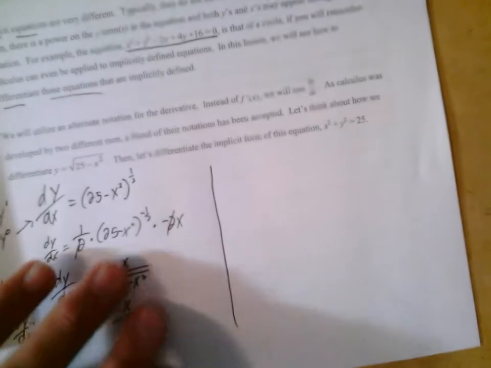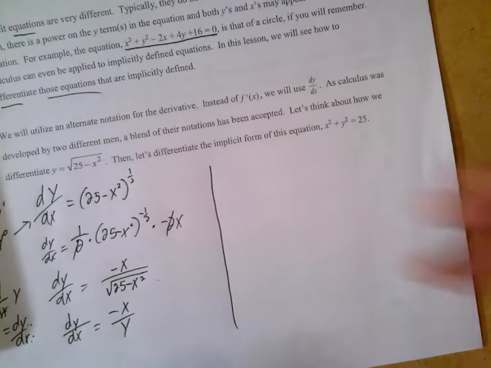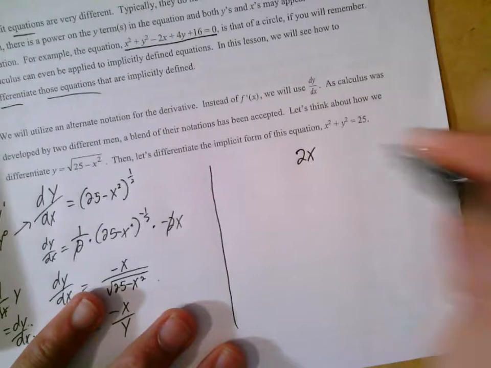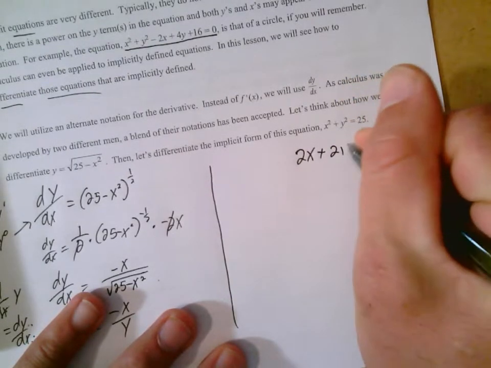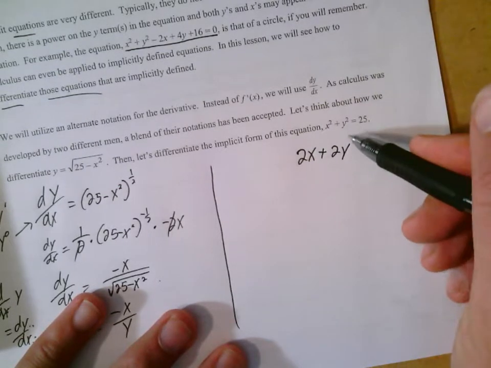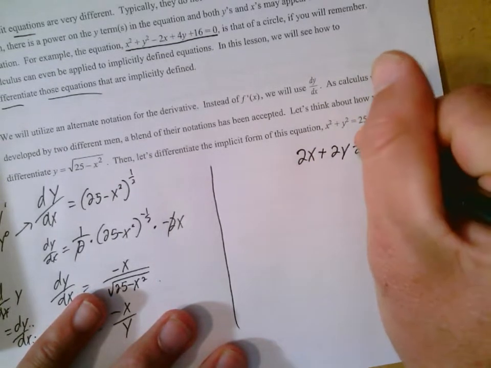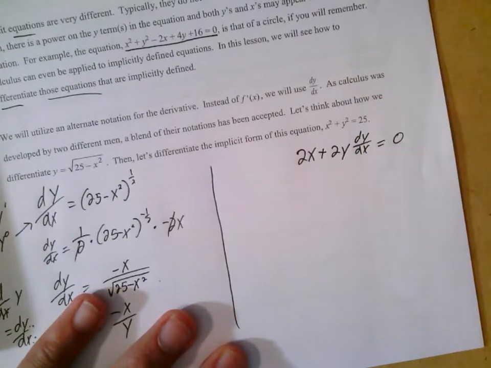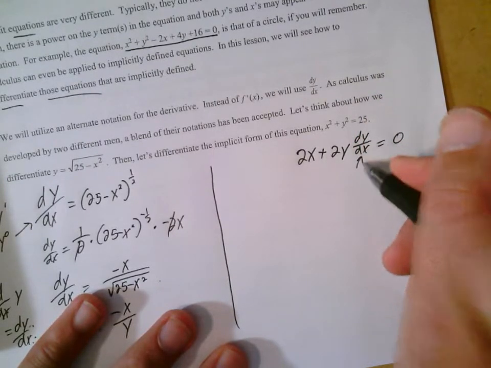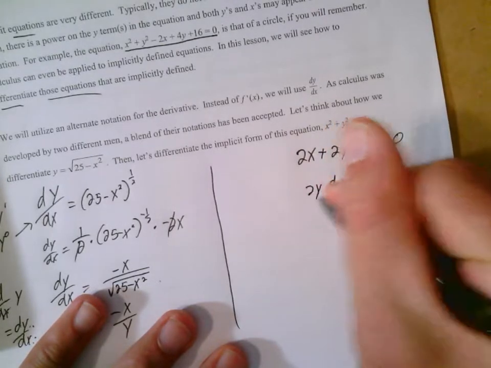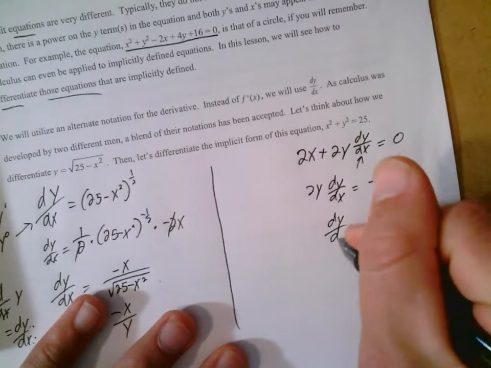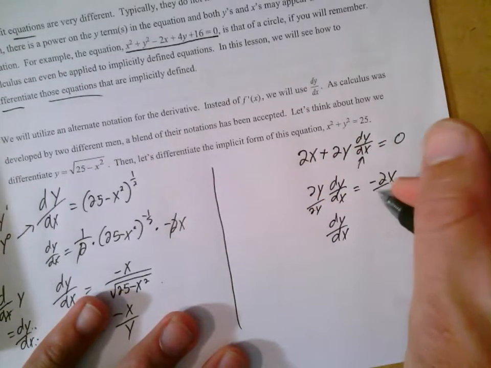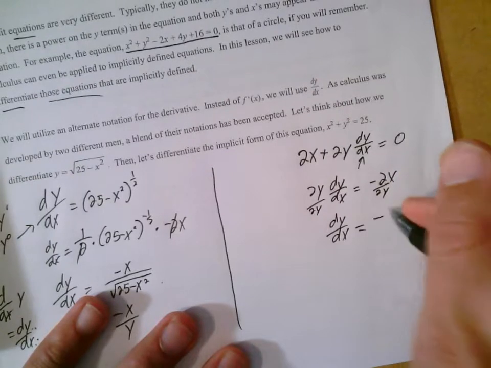So when I do the same function, x squared plus y squared, your x is the same, 2x, because you're differentiating it with respect to x, plus do the y the same, 2y, and anywhere you take the derivative of y, you put dy/dx, equals 0, and we solve this for dy/dx. So dy/dx equals negative 2x divided by 2y, equals negative x over y.